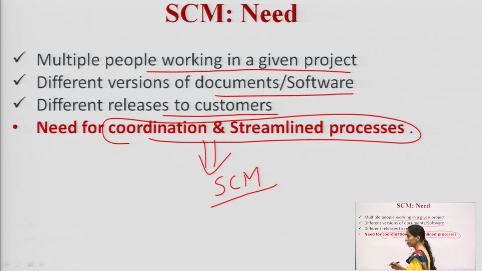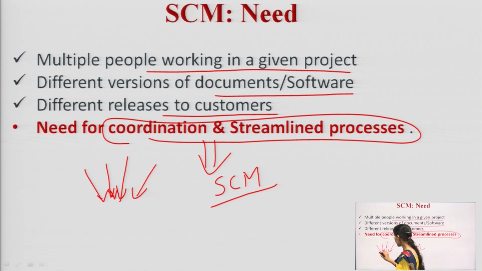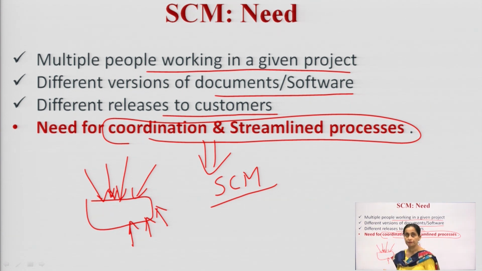There are multiple persons using the same software while doing requirement changes, detailed design changes, coding, and testing. Then there are several customers who are using the same application for one reason or another. So, everybody wants coordination and a streamlined process. For that reason we require SCM.